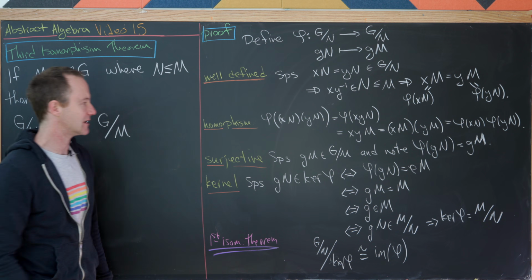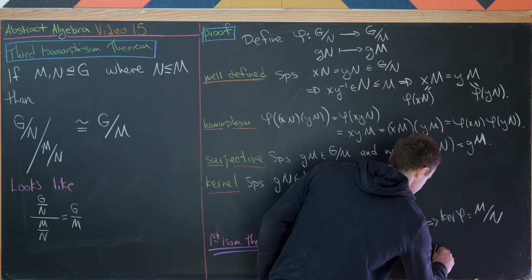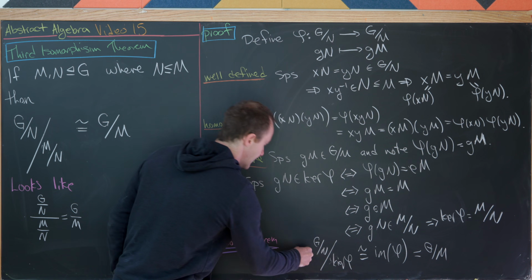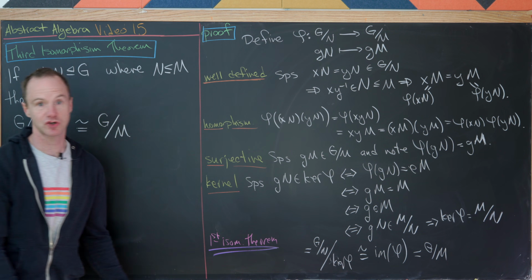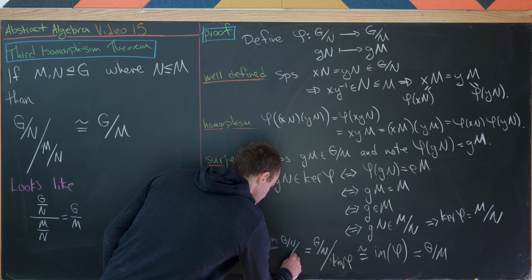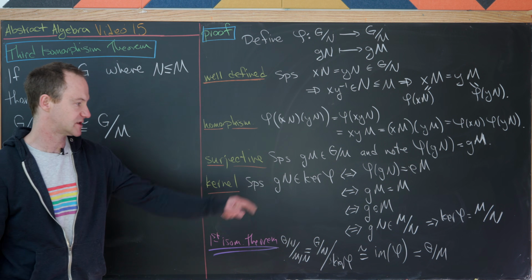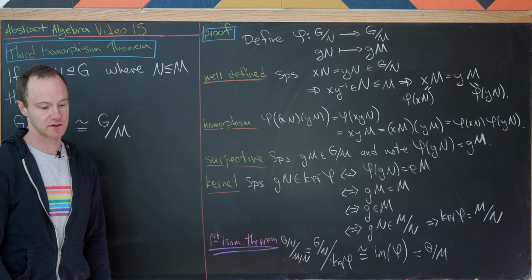But then pushing that in both directions, notice that the image of phi is everything because we have a surjection, and the kernel of phi is that quotient group over there, M mod n. So we have G mod n mod M mod n. And then following this from the left to the right, we have the desired result.